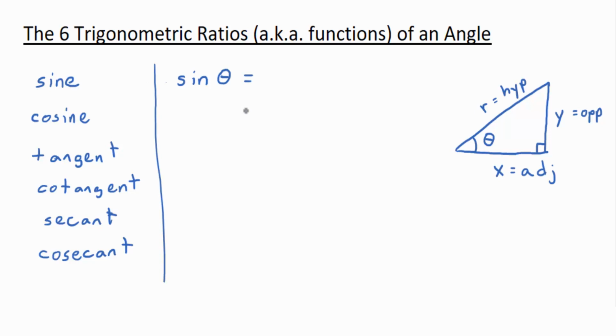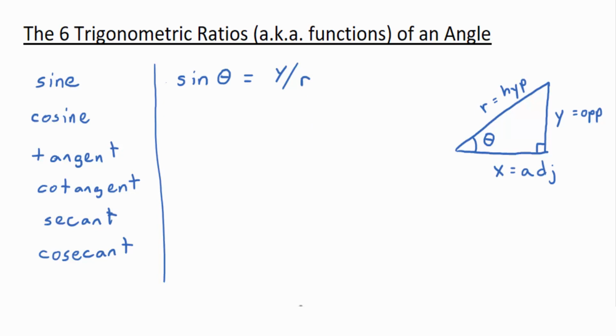So the sine of theta in this case, theta is the input, the output turns out to be the opposite over the hypotenuse, which is y over r. Does that look familiar to you?